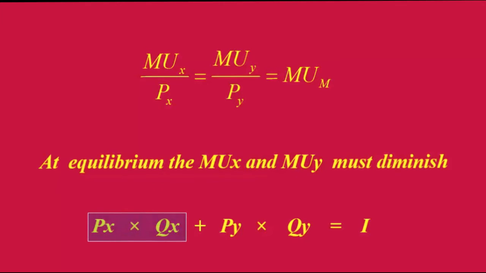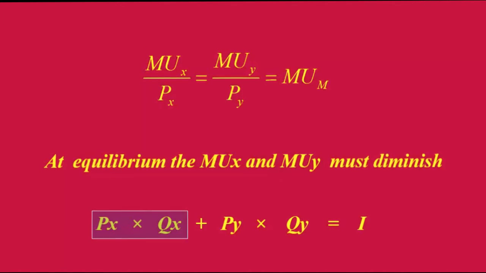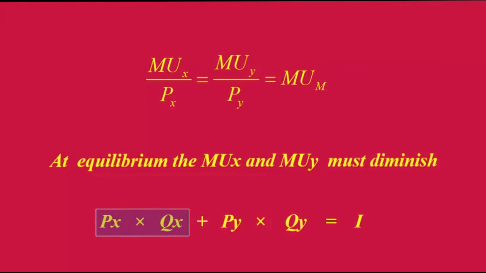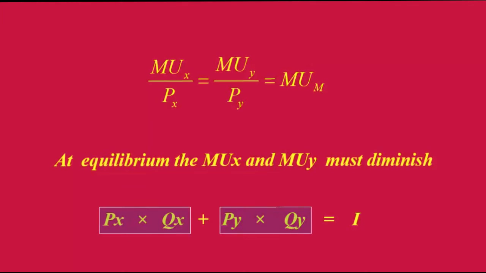Px multiplied by Qx is the total amount spent on good X. Py multiplied by Qy is total amount spent on good Y.